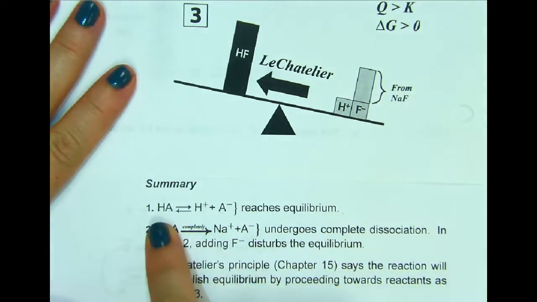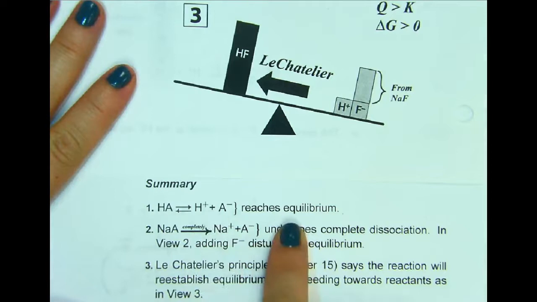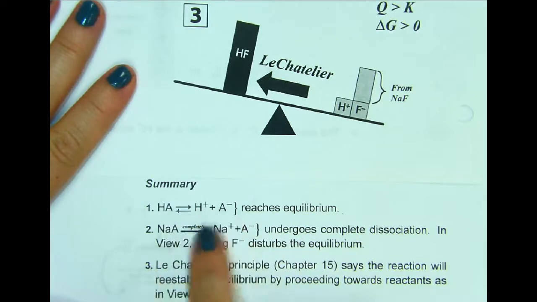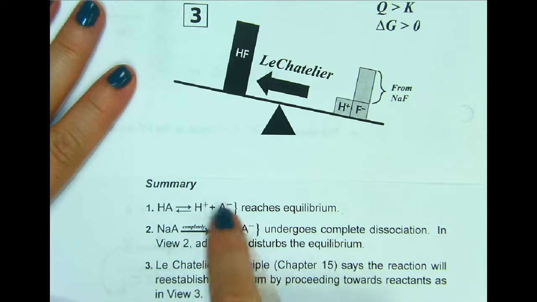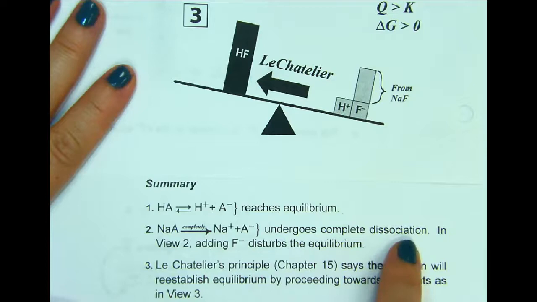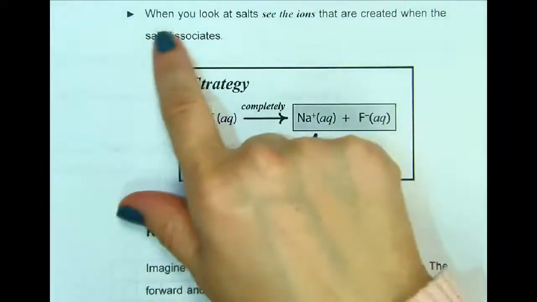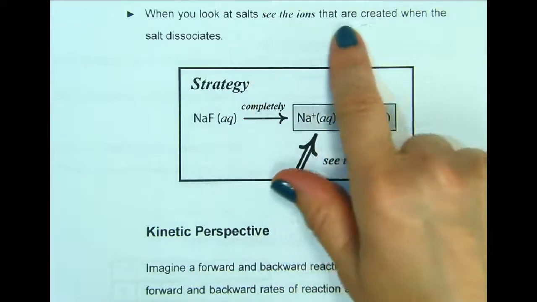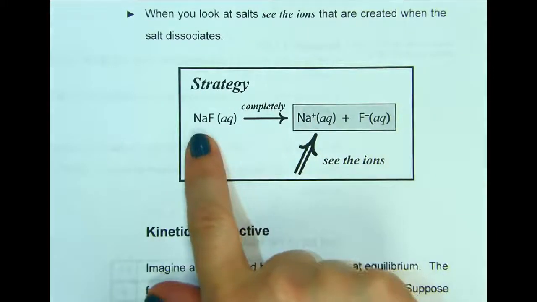So the weak acid reaches equilibrium, and once it's reached equilibrium, you can add a salt that has a common ion with the acid, in this case the anion, which undergoes complete dissociation in view 2, adding fluoride to disturb the equilibrium. Le Chatelier's principle says the reaction will reestablish equilibrium by proceeding towards reactants in view number 3. When you look at salts, see the ions that are created when the salt dissociates.